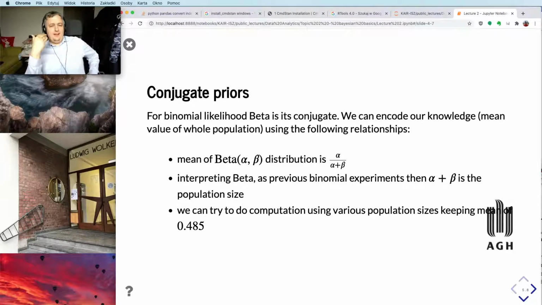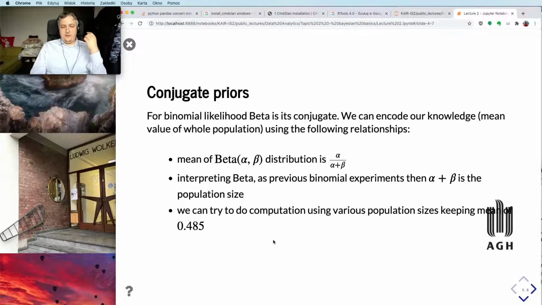So we can assign a beta distribution as prior information that just corresponds to previously observed births, consistent with general female birth representation.